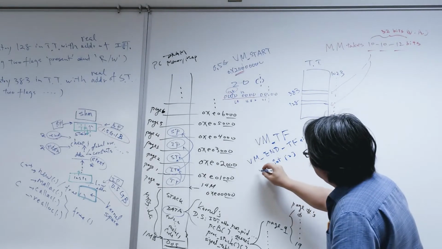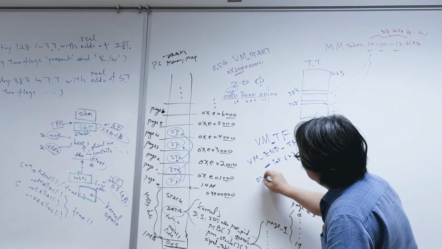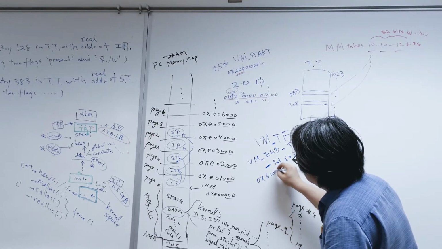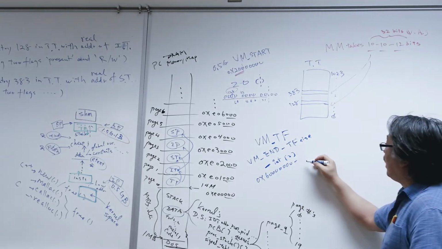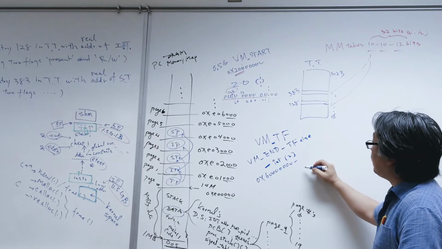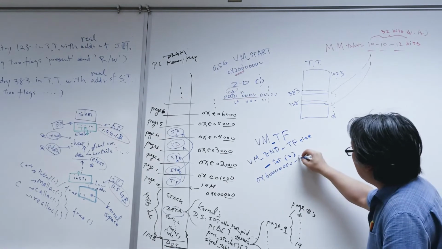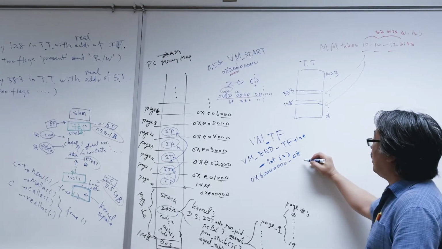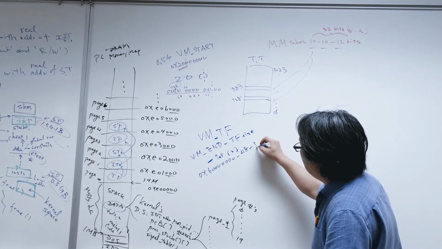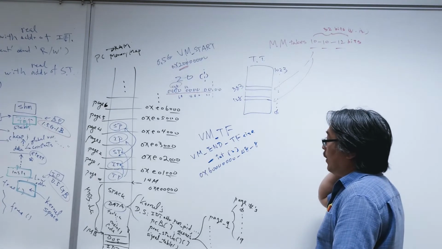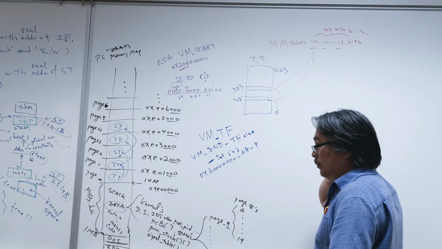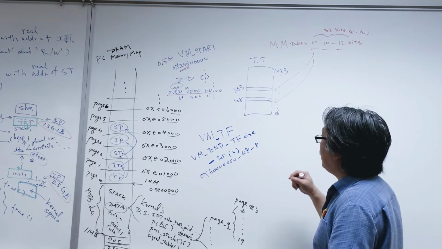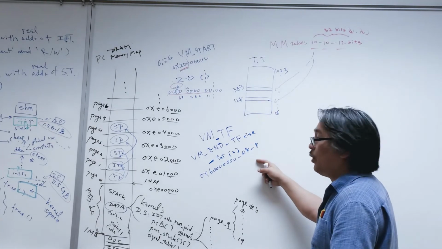So the VM end is 6000000. Okay, and then minus the traffic size. What's the traffic size? 48. 12 integers minus 8. So it's minus by 6. Right? Okay. Yep. So what's this in binary? I mean, it's a decimal.